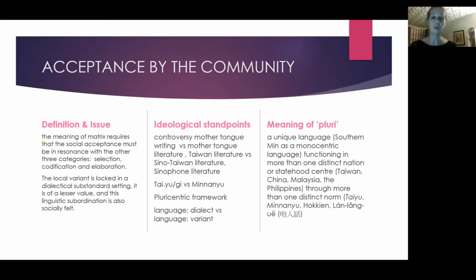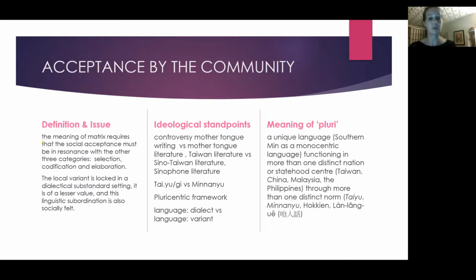Are we going to distinguish between mother tongue writing and mother tongue literature? Is language written in Taiwanese only classified as mother tongue writing or mother tongue literature? What about the works that have the topic of Taiwan society, culture, literature, but are written in Mandarin? So there is controversy there.